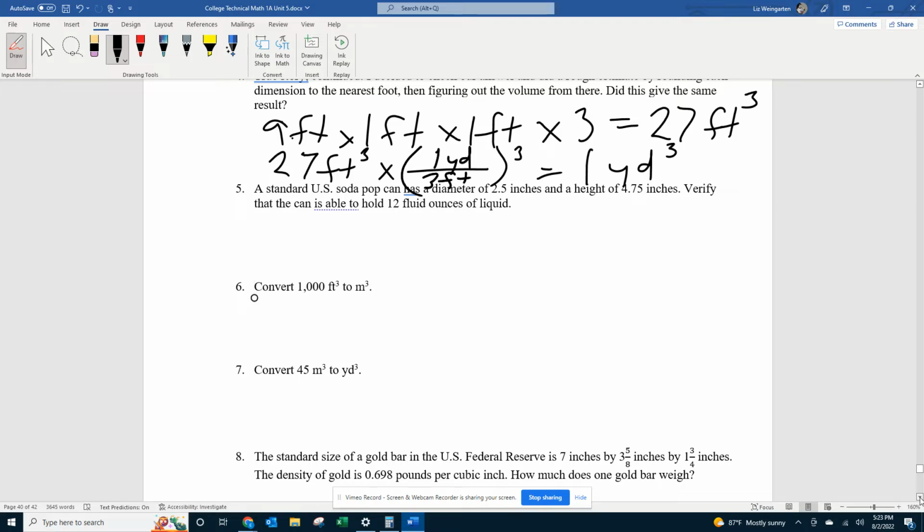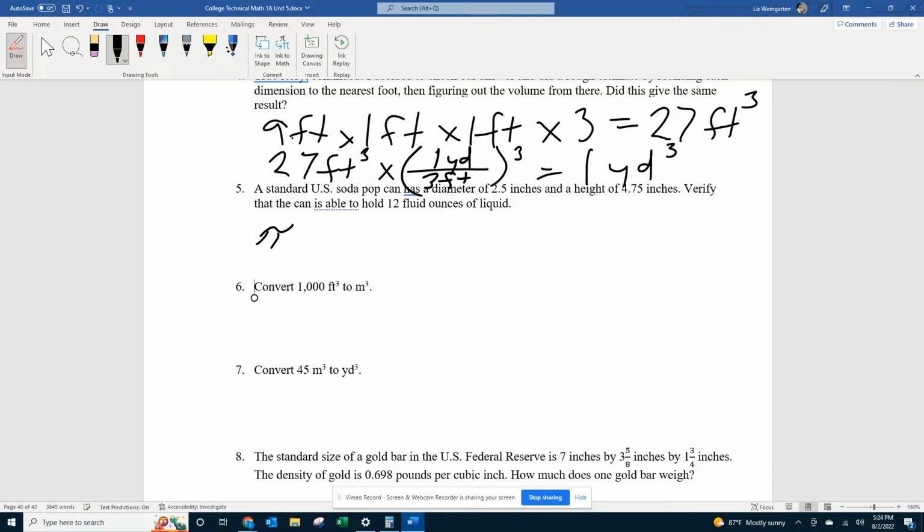So the volume of a cylinder, a can is a cylindrical shape. We need the area of the base, which is pi r squared. So we need to change the diameter into a radius. 2.5 divided by 2 is 1.25.